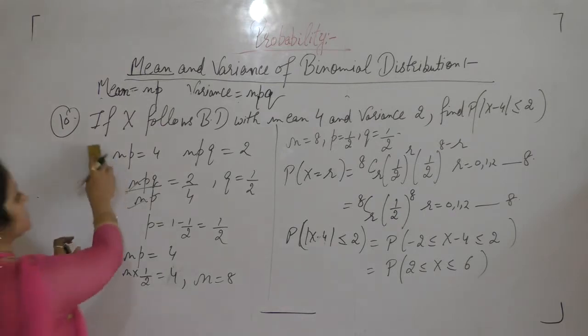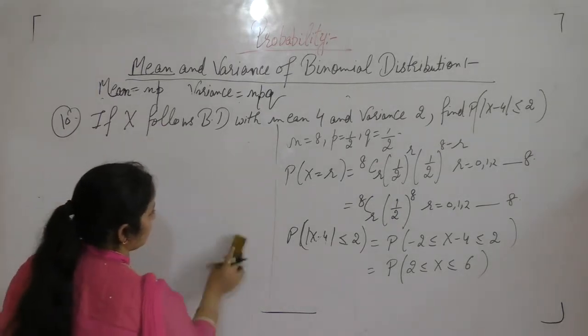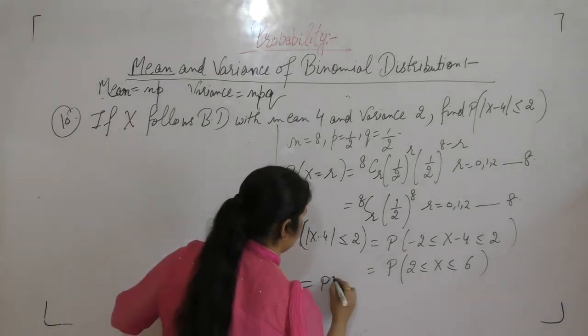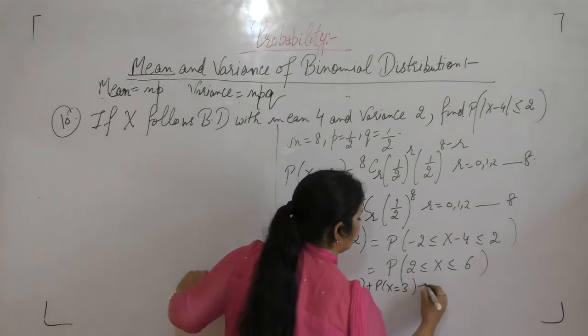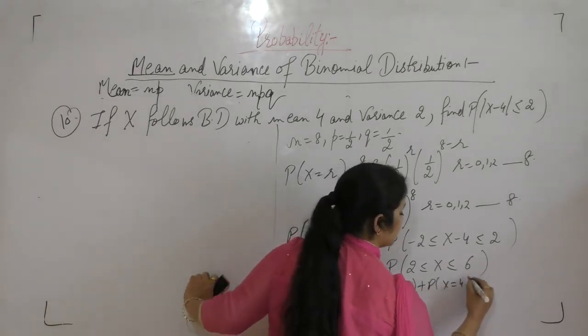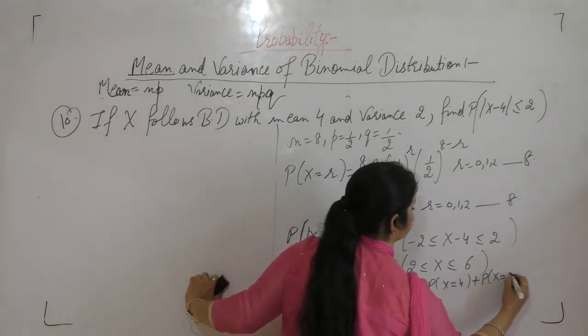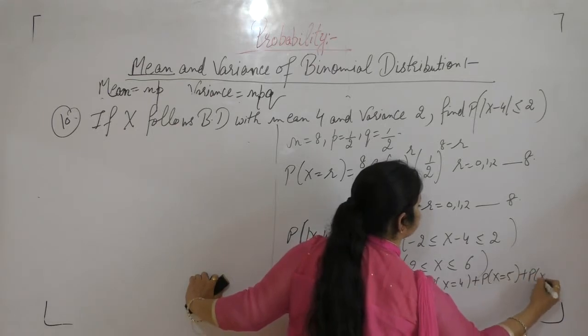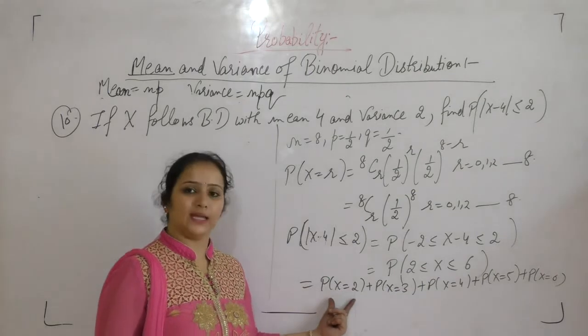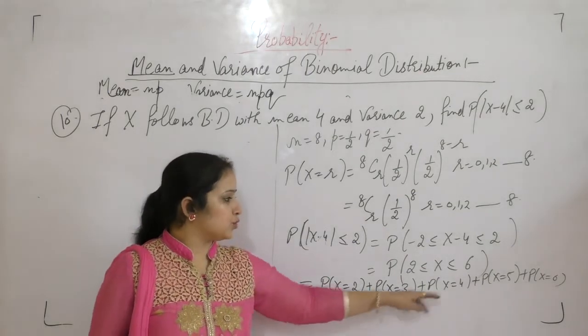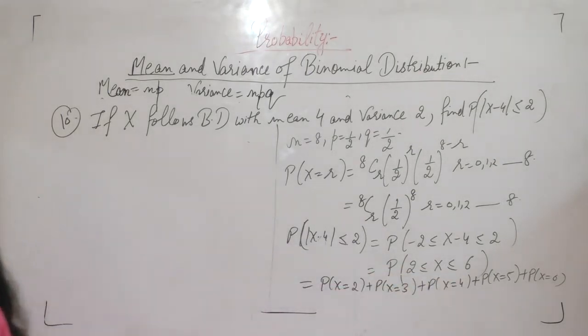So it becomes probability x is equals to 2 plus 3, 4, 5 and 6. 2 is less than equals to x less than equals to 6.